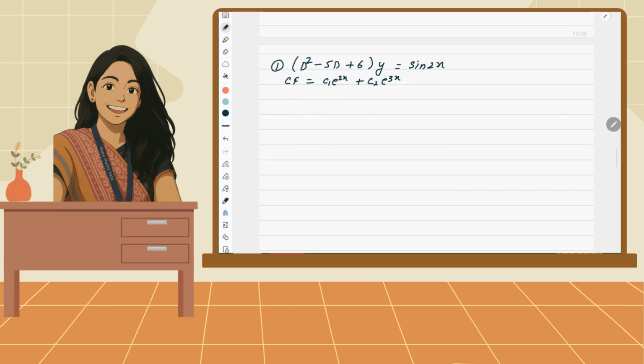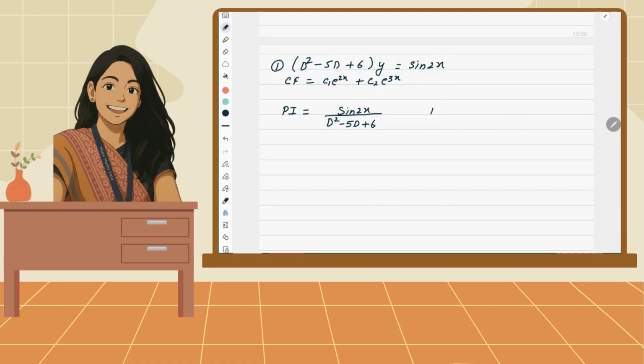Let's start with the first question. My first question is D square minus 5D plus 6. For the CF, all of you please pause the video, solve the CF and check whether it is correct from your end. I will teach you how to do the PI. For the PI, we have sin 2x upon D square minus 5D plus 6.